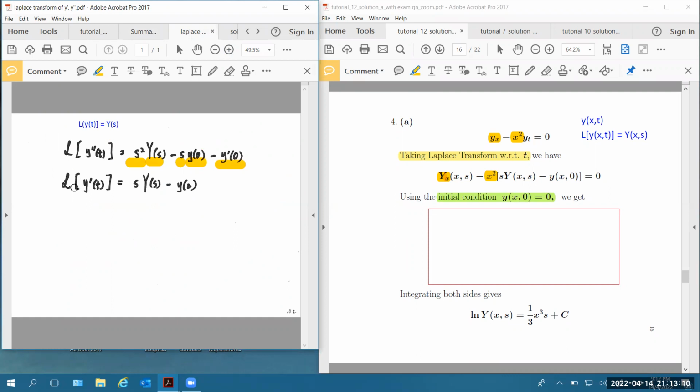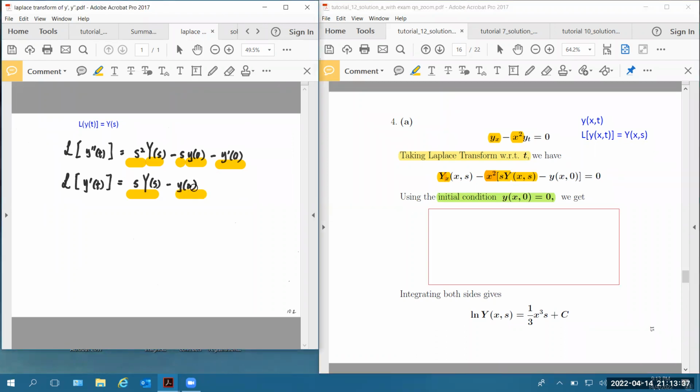The Laplace transform of y prime of t, differentiation with respect to t, should give s Y(x,s), then minus y(0).